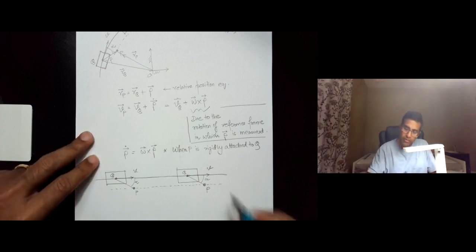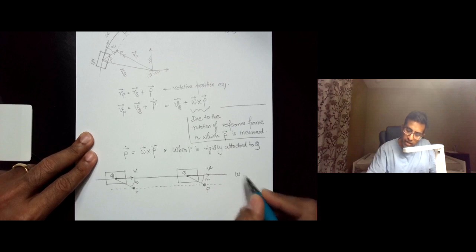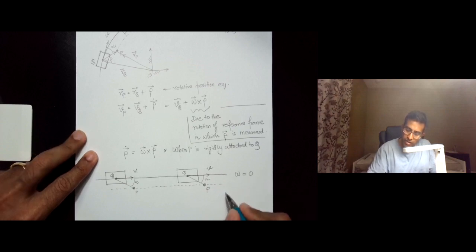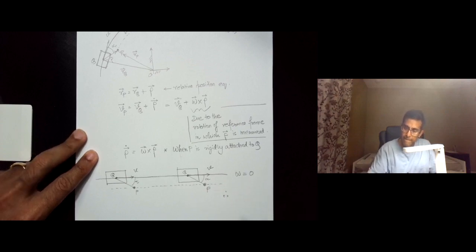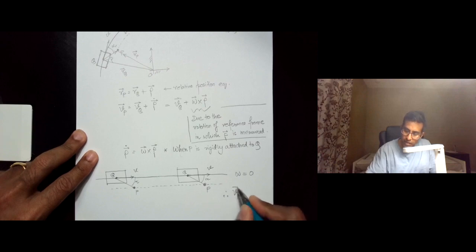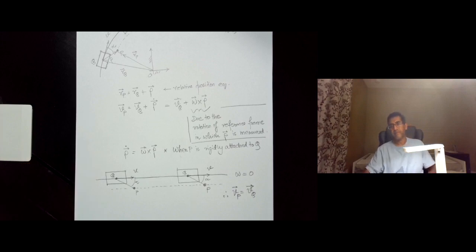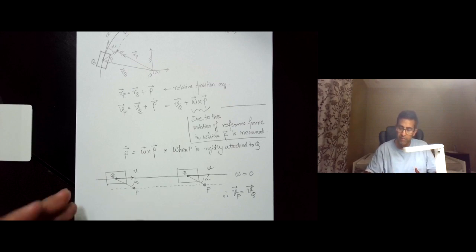So here omega is equal to 0, therefore Vp is equal to Vq, right? So when there is no angular velocity, the motion becomes quite trivial, in the sense that the velocities of the two points are exactly equal.